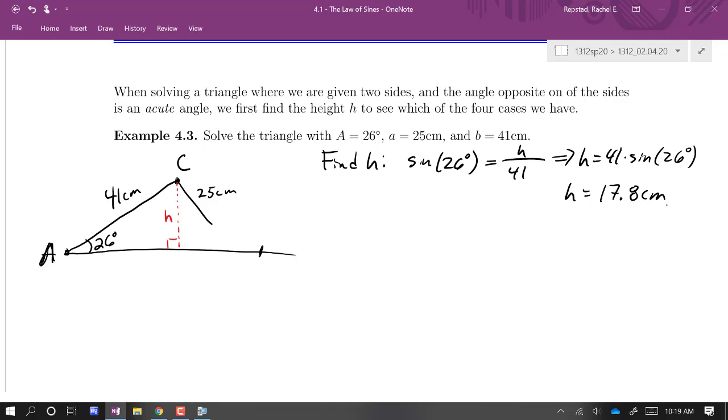Can we draw a triangle? Yeah, the opposite side, side A, is at least as big as H. So that means it is in fact long enough to extend down to that bottom side. And it's bigger than H but less than B. So in fact there's going to be two triangles that we can draw.